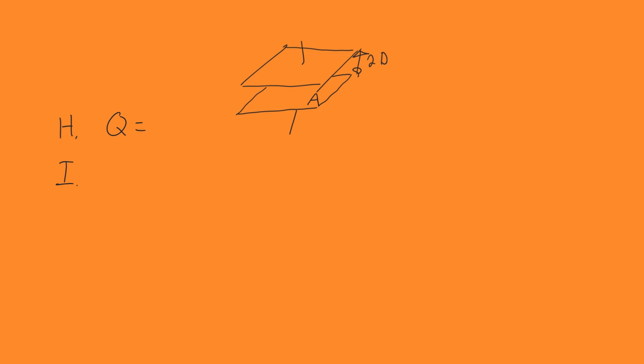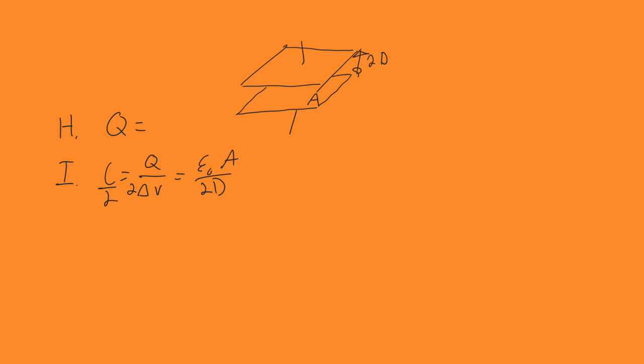So if C is equal to Q over delta V, which is equal to epsilon naught A over D, well, now it's actually going to be 2D. And since charge is going to be the same, we've actually halved the capacitance because we've done that.